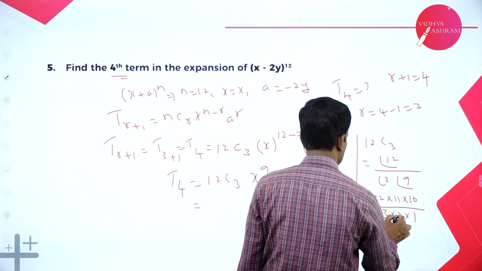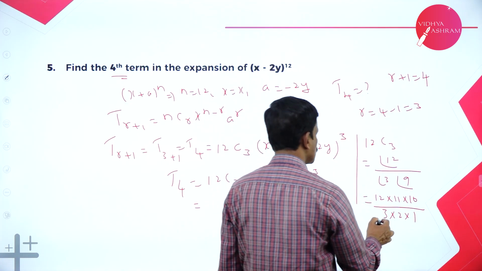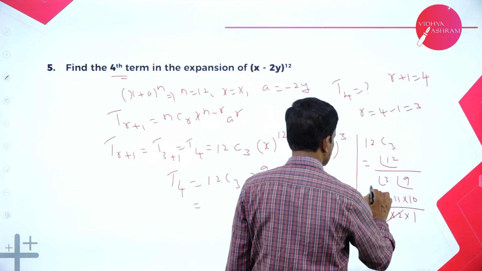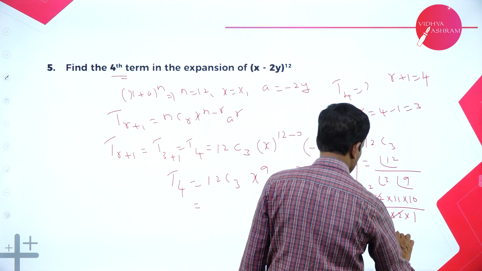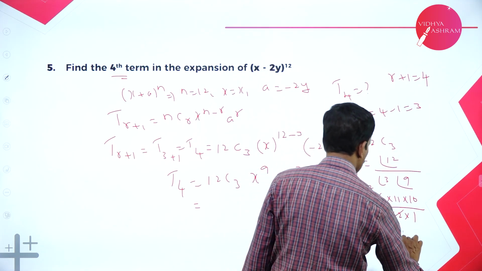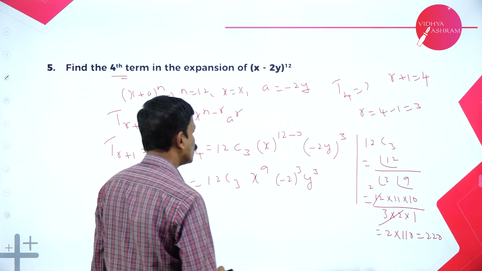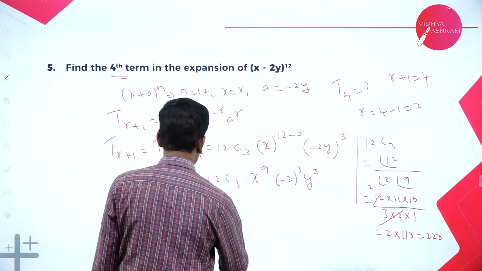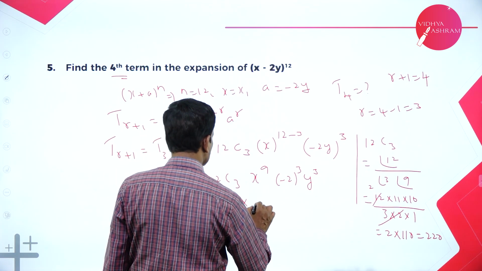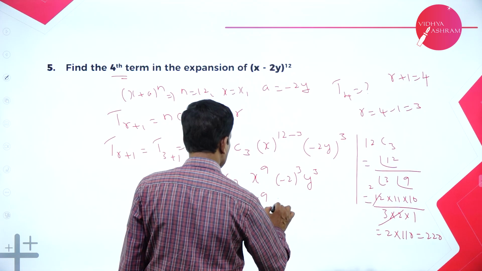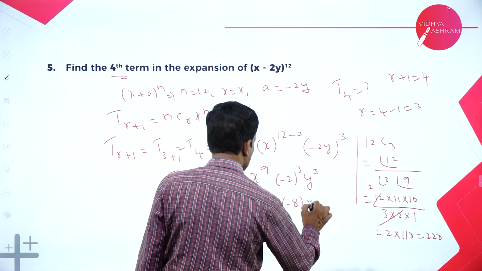Simplify this: 3 twos are 6, 6 twos are 12. So this is 2 into 11 into 10 is 110, 110 into 2 is 220. Now this is equal to 220 into x to the power of 9 into minus 8 y cube.